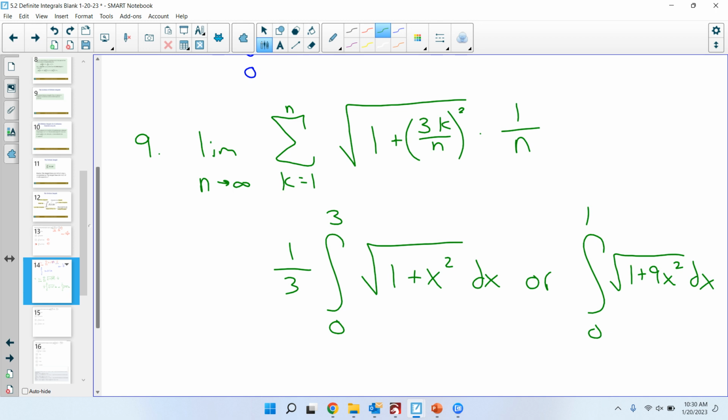So you're saying 0 to 3. Yeah. And that means 1 over n becomes 1/3 of dx. You can take that out of the integral because it's a constant. Yep. So that comes out there. And then what about in here? Your 3 over n is the interval, your x then, right? Yeah. Times k. All right. That one's for sure tougher to see.